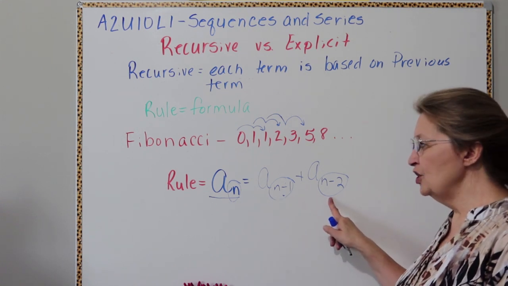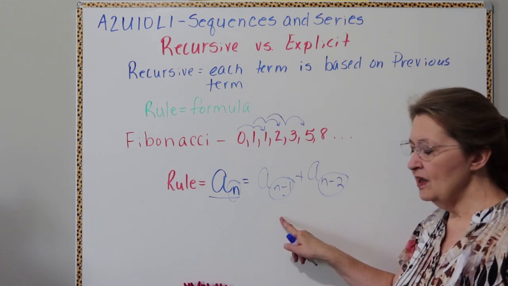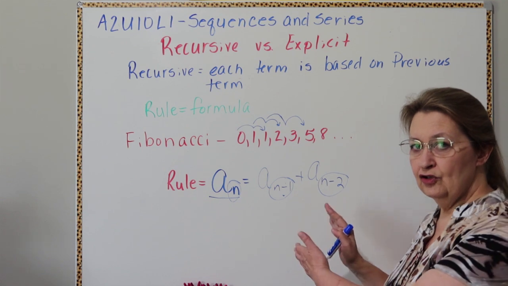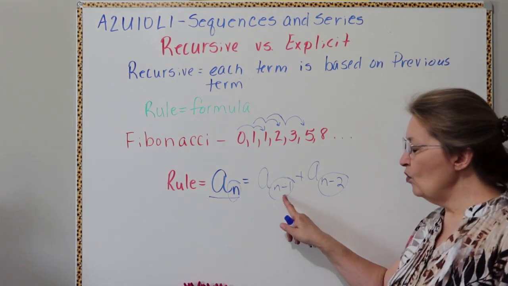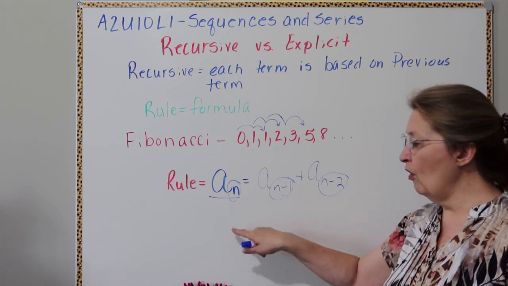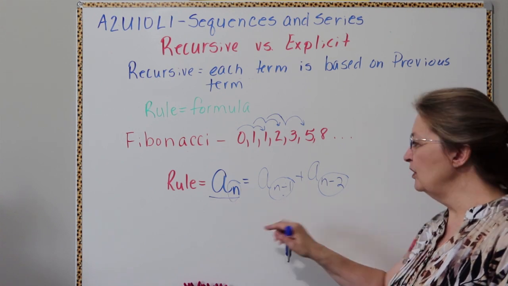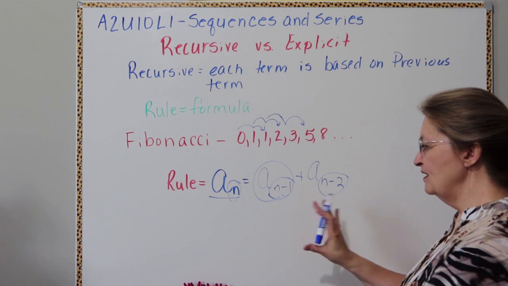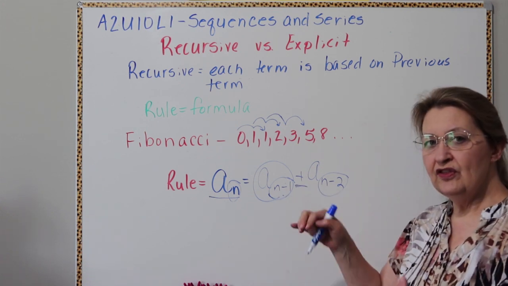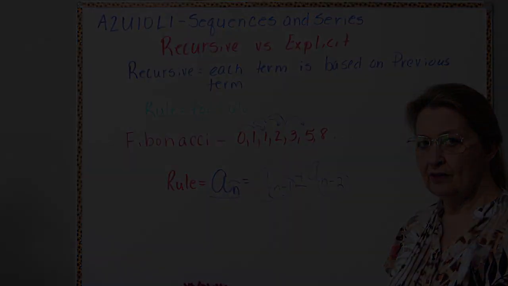A to the N minus 2 means back up two spaces. So that's how these subscripts are going to help you find your term. The N minus 1 always means the term just before the one you are looking for. So look at it as a whole thing. This is a position that tells you what to do with the numbers in that position.